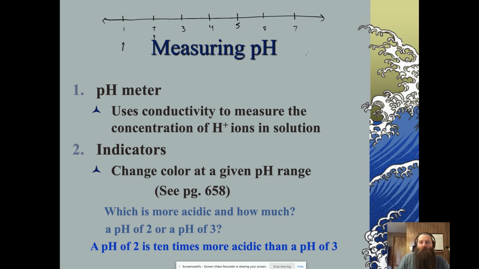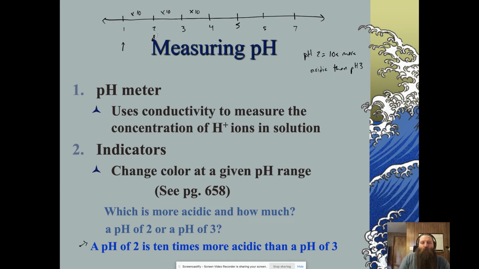Well, we would say that a pH of 2 is 10 times more acidic than a pH of 3, right? That's what our question asks us right here. So that means between 1 and 2 would be 10 times more acidic. Between one step, you always have times 10. But that means between 2 and 3 is also times 10. And between 3 and 4 is also times 10.